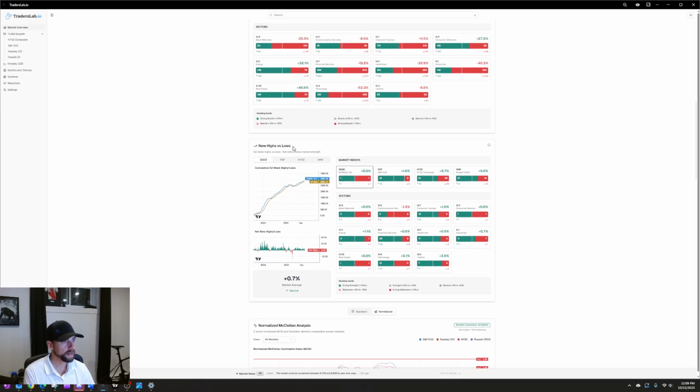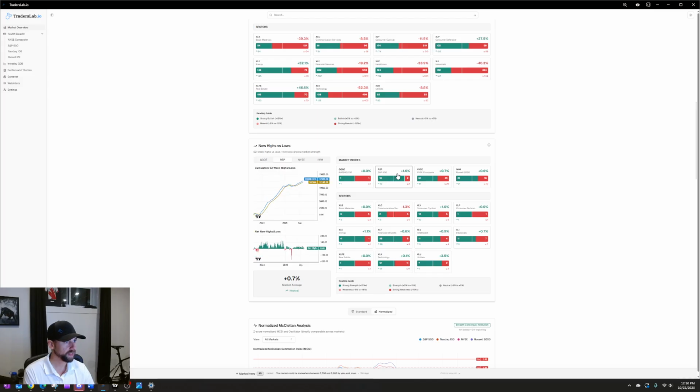Then comes the net new highs and lows. So we continue with the very typical and classic breadth indicators. You can select the market that you want to see. For Nasdaq, for example, now you have the cumulative chart with the 50 DMA, and down low right here, you have the net new highs and lows for each day as a bar chart.